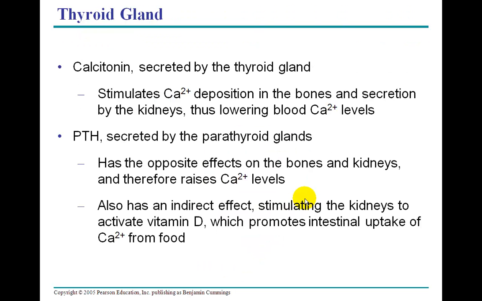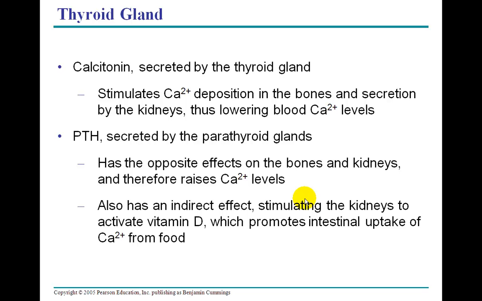Calcitonin, of course, is secreted by the thyroid gland, and it stimulates the deposition of calcium in the bones. That means it's taking calcium out of the blood and building bone, and by doing that it lowers the blood calcium levels. It also reduces reabsorption of calcium by the kidneys, which supports a lowering of blood calcium levels.